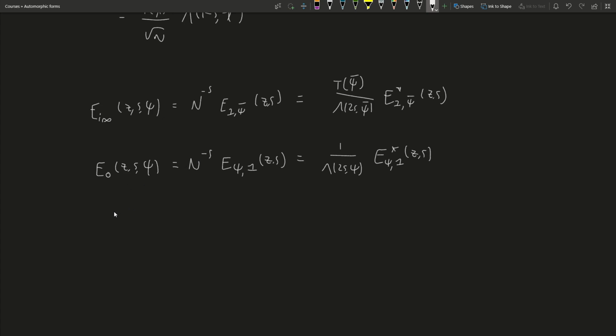There's one more thing that's going to come up, which is that we're going to need the action of the scaling matrix sigma 0, which is essentially the Fricke involution. So Young says that if you have E chi1, chi2, and you act by the Fricke involution, then what this does is it just swaps the two characters around.